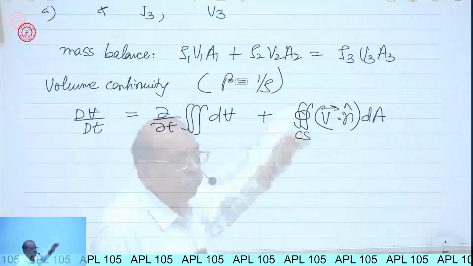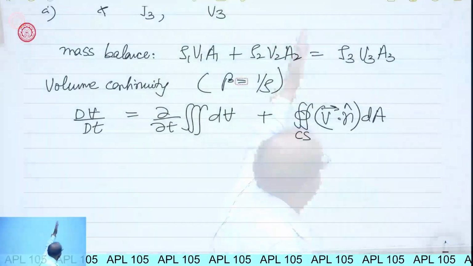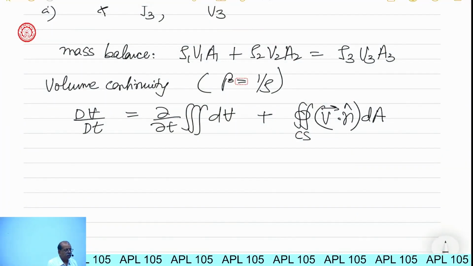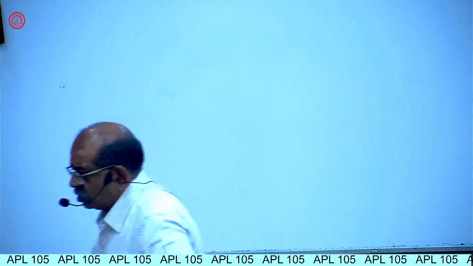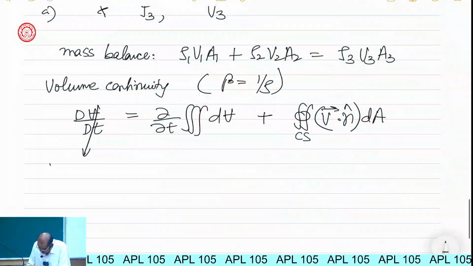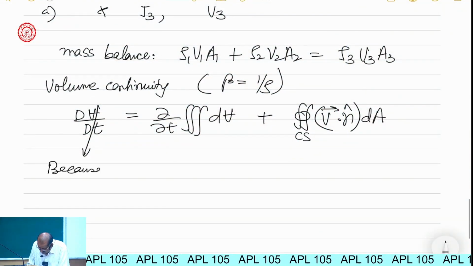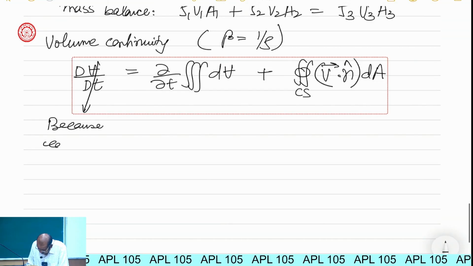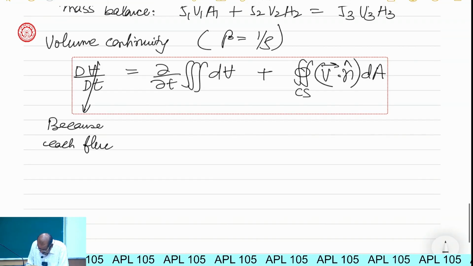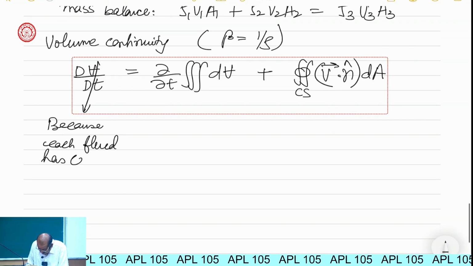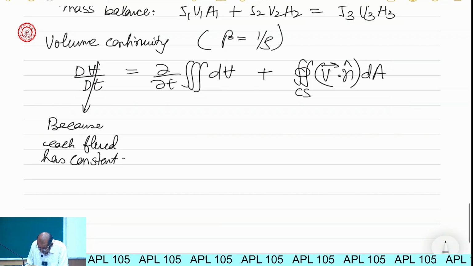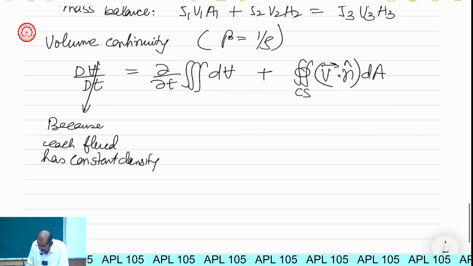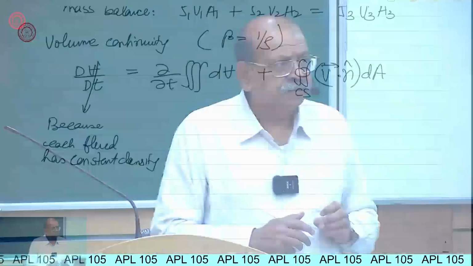Now, because both the fluids are of constant density, the left hand side is 0. There is no change in material volume of each particle. So, left hand side was 0 because each fluid has constant density. So, even when they mix, the particle volumes don't change.